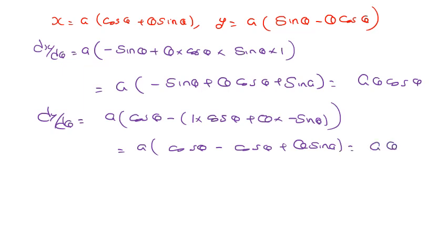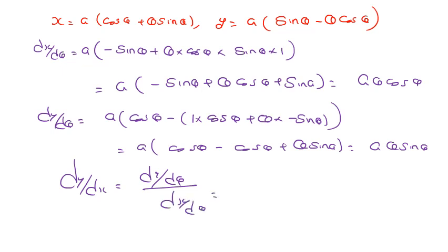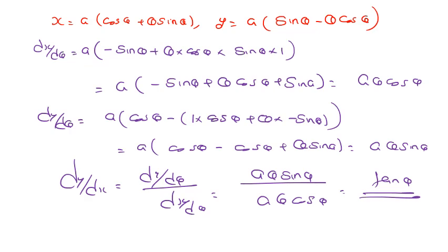So what is it? a theta sin theta. Now dy by dx is equal to dy by d theta by dx by d theta. So a theta sin theta by a theta cos theta. So what is the answer? Tan theta. Next question.